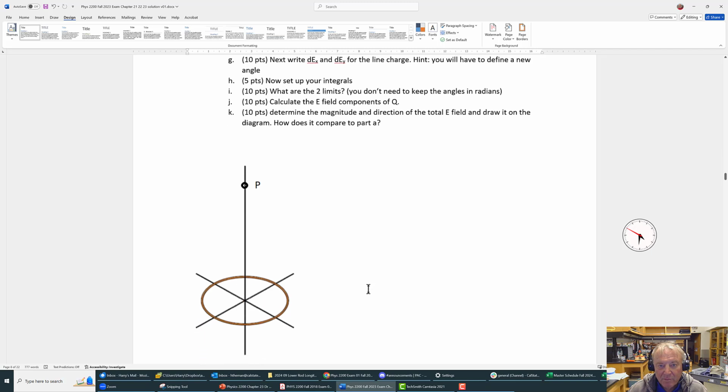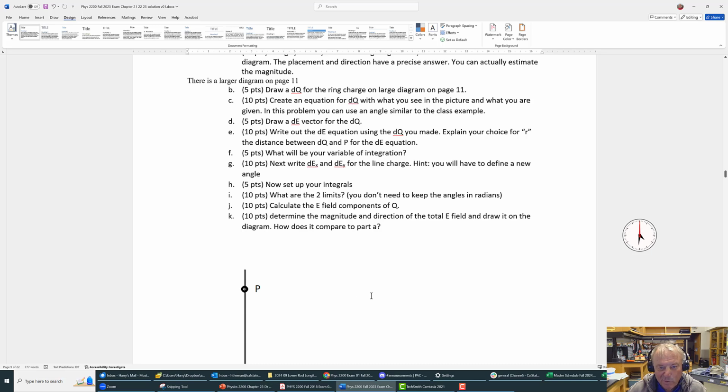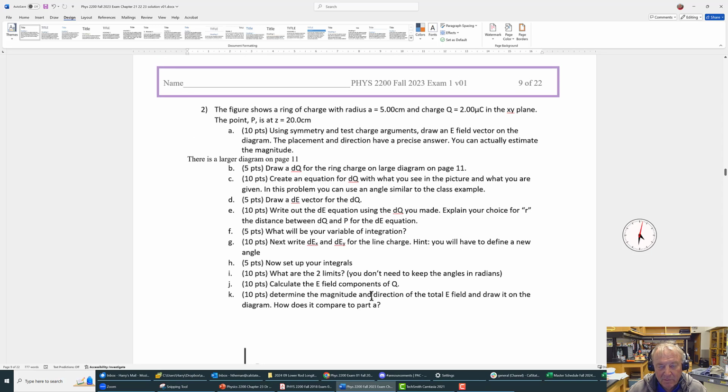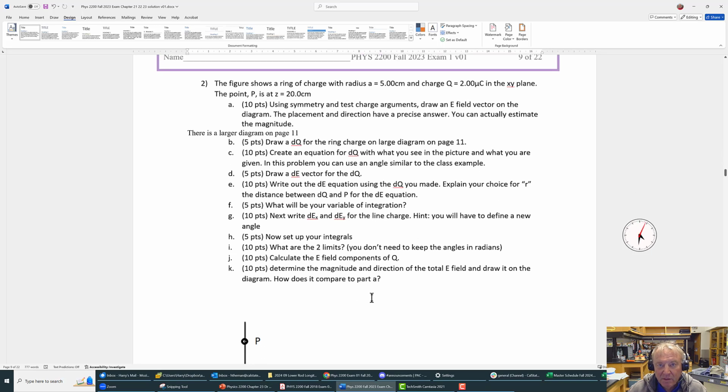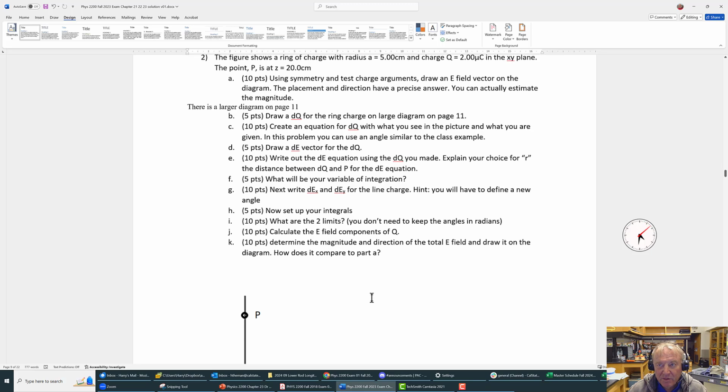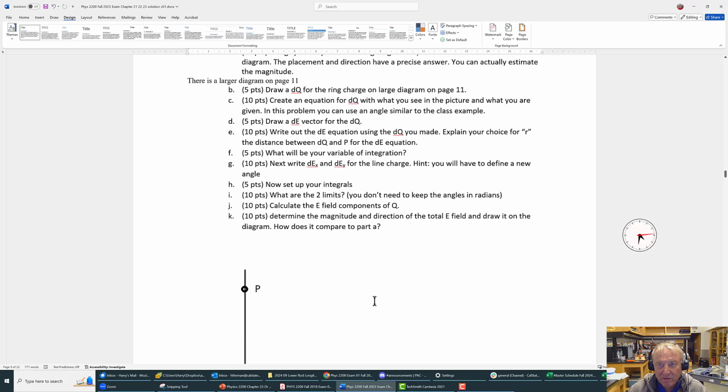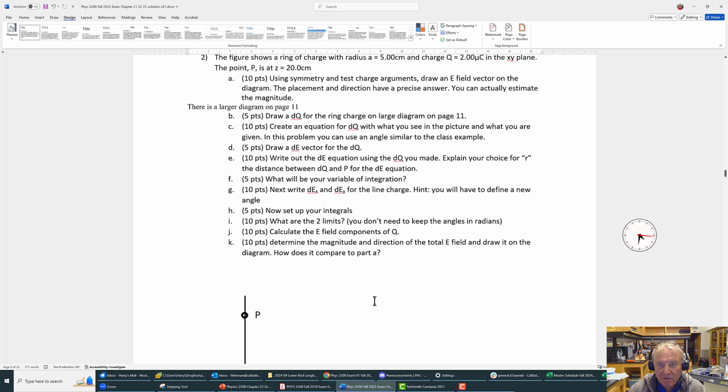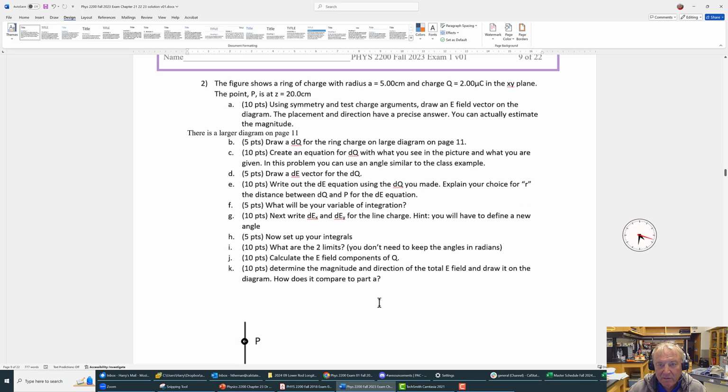It's on the xy plane, and we have a point on the z-axis where we want to determine the field. Using symmetry and test charge arguments, draw an E-vector on the diagram. Placement and direction have a precise answer, and you can actually estimate the magnitude.